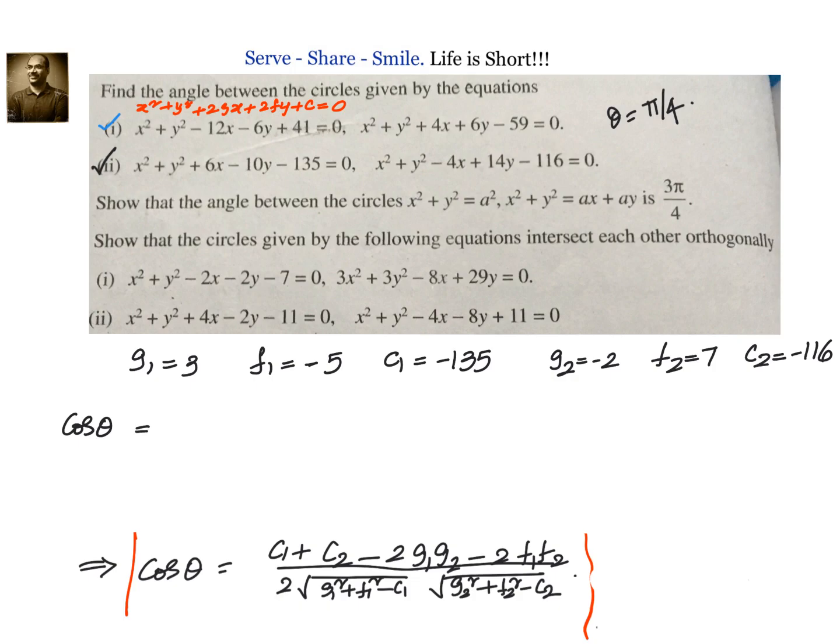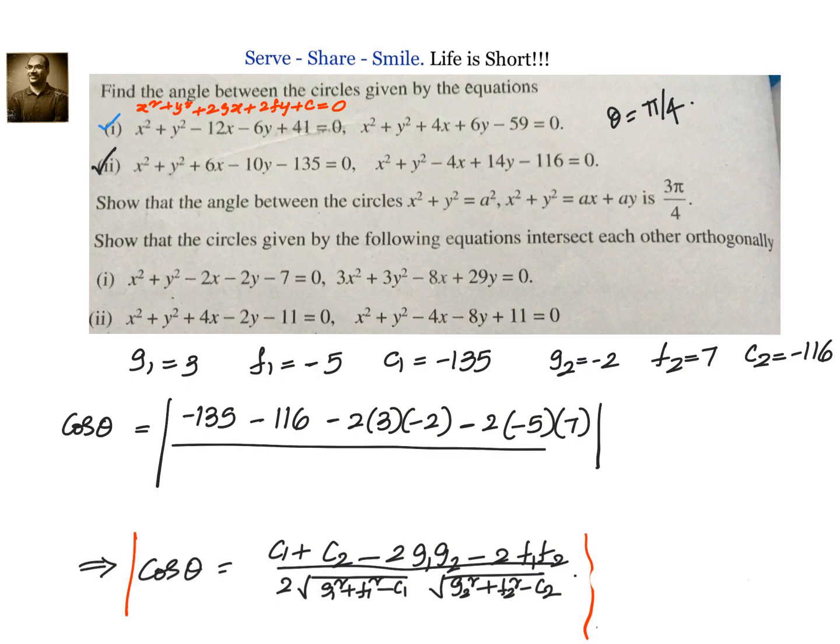Cos theta equals to c1 plus c2, minus 135 plus c2, that is minus 116, minus 2 into G1 into G2 minus 2 into F1 into F2, divided by square root of G1 square plus F1 square minus C1, that is 3 square plus 5 square plus 131.